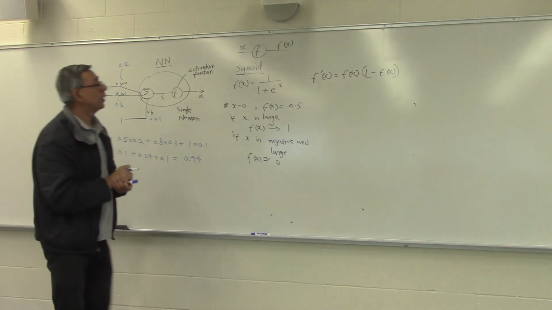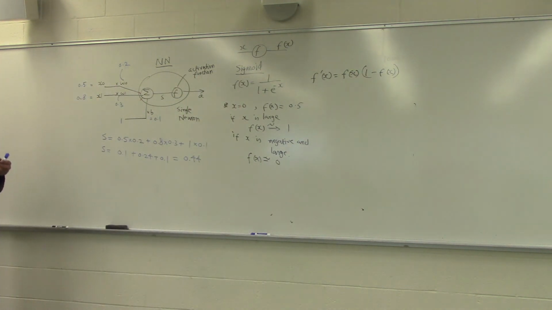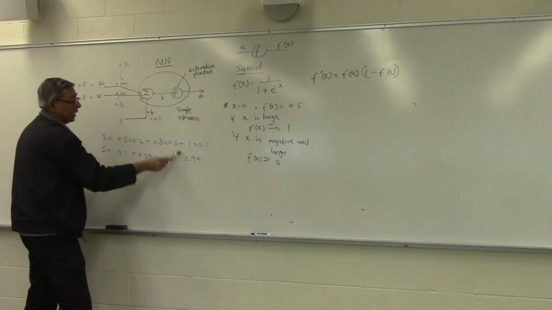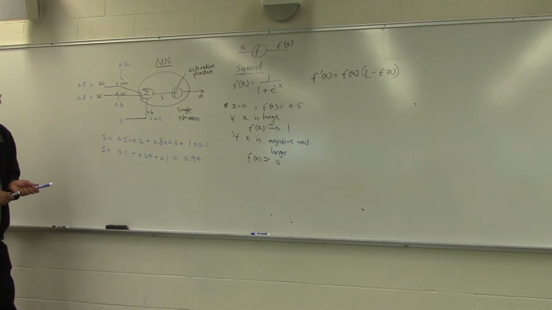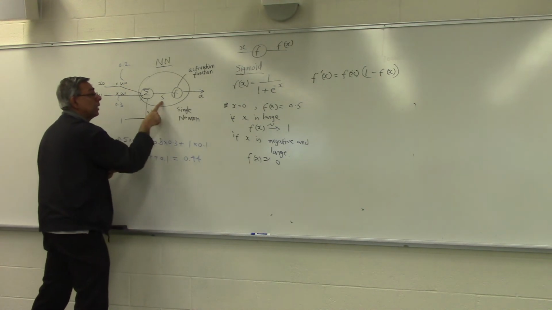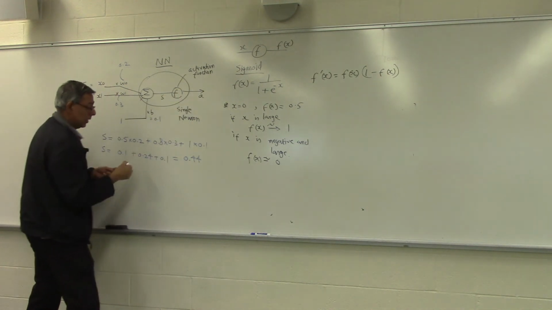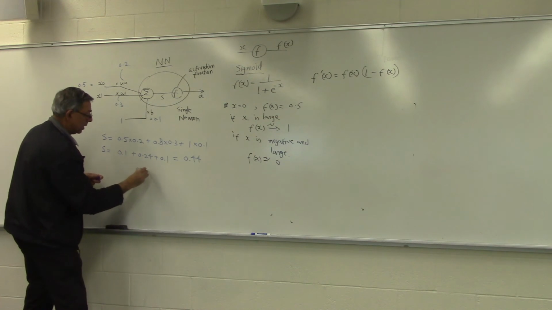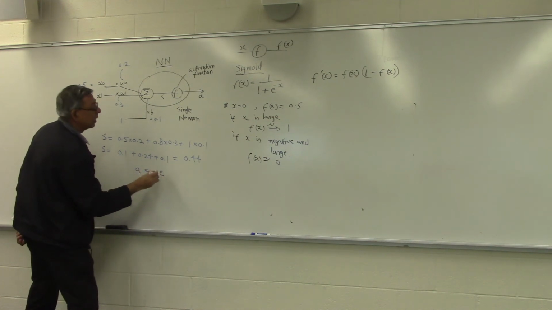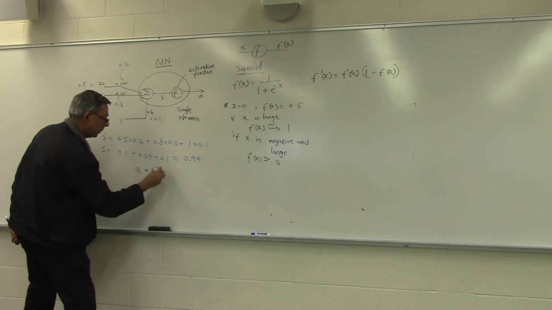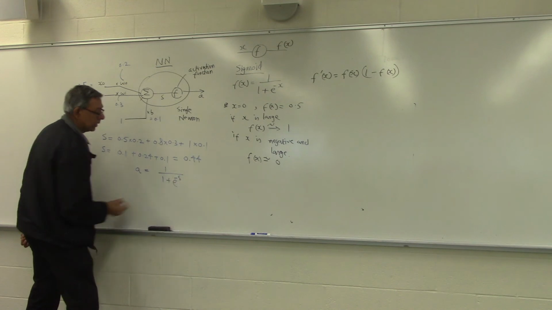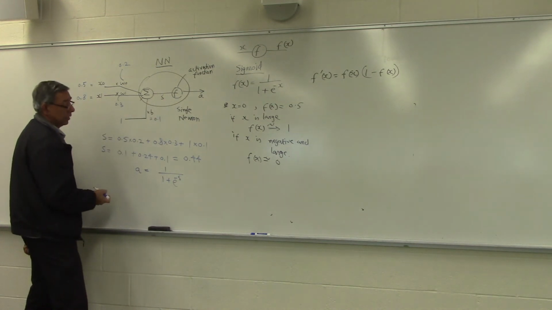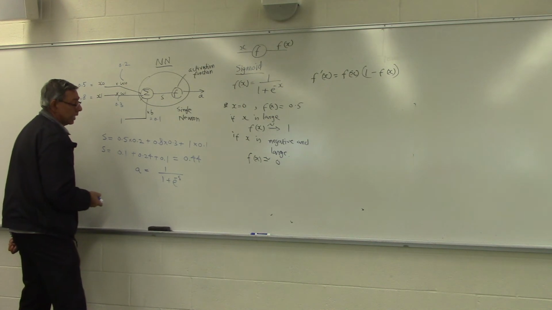Once again, f(x) is the output and x is the input. So let's pick this example. If s is 0.44 and we pass it through a neuron, how is a related to s if this is a sigmoid function? You can see a equals 1 over 1 plus e to the minus s, because s is the same as x, that's the input.